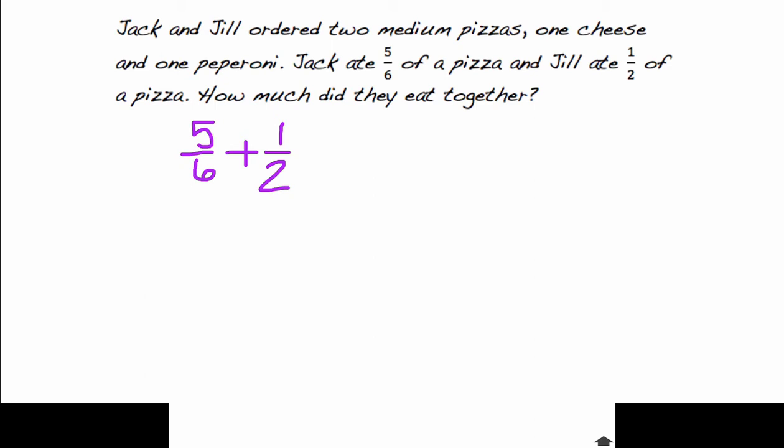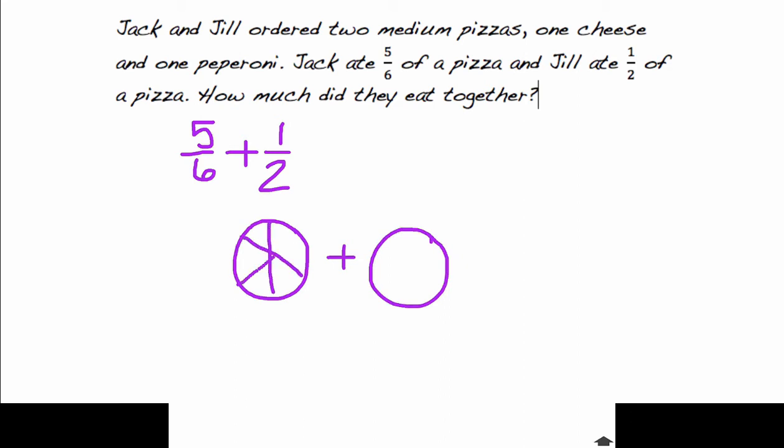So I'm going to draw 2 pizzas here, one for Jack and one for Jill. Since Jack ate 5/6 of his pizza, I'm going to break the pizza up into 6 pieces. And since Jill ate 1/2, I'm going to break that pizza up into halves.